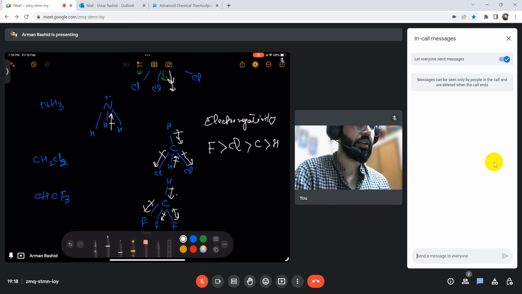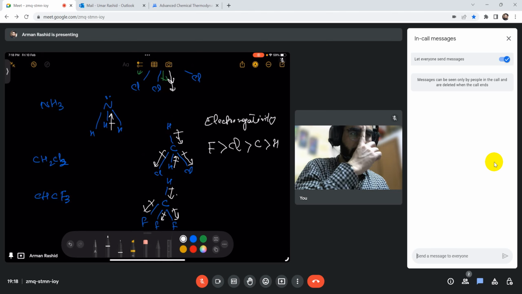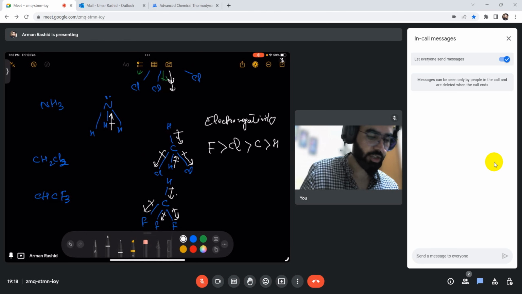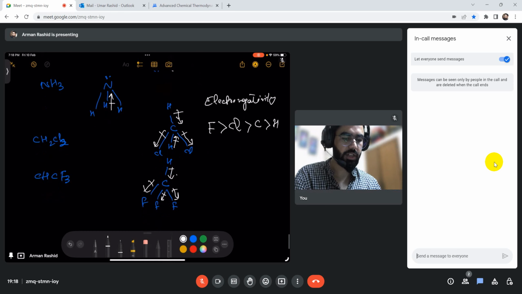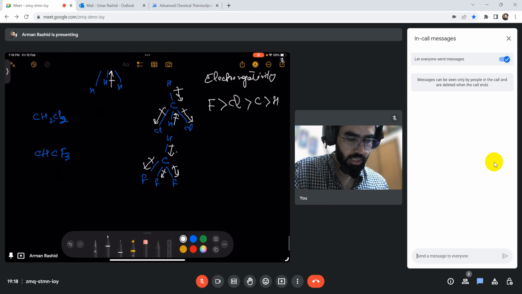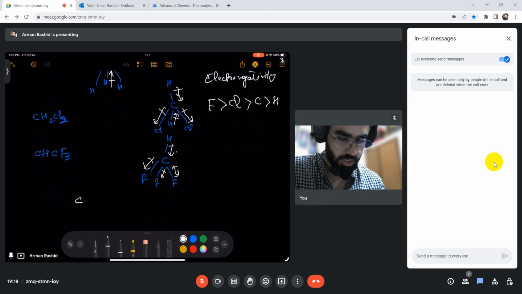Now we know that fluorine has the maximum drag, and all three bonds are in one direction, so as a result the dipole moment for CH3CF3 is maximum. To be precise, it is almost 1.65 D.